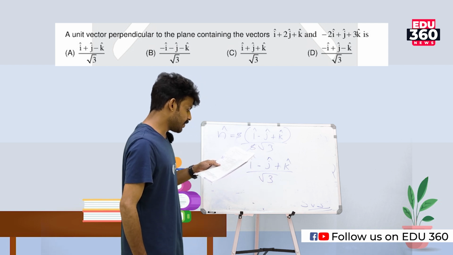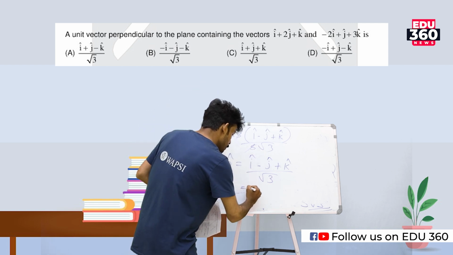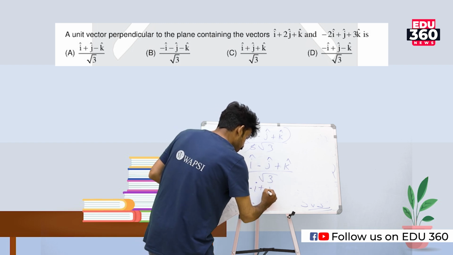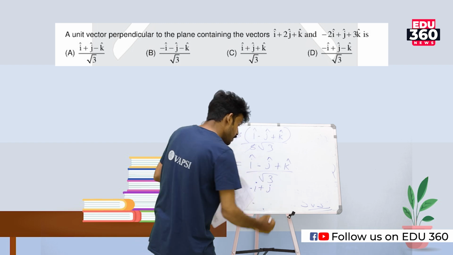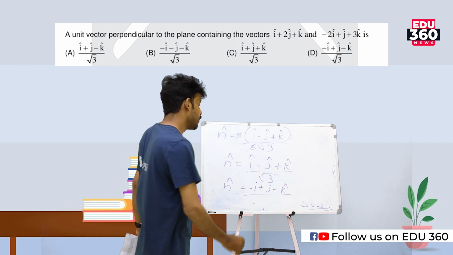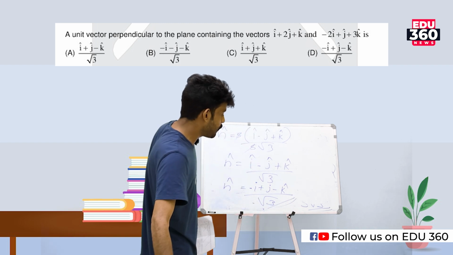Or we can write it as n cap is equal to minus i plus j minus k cap all divided by root 3. So this is the final answer for this question.